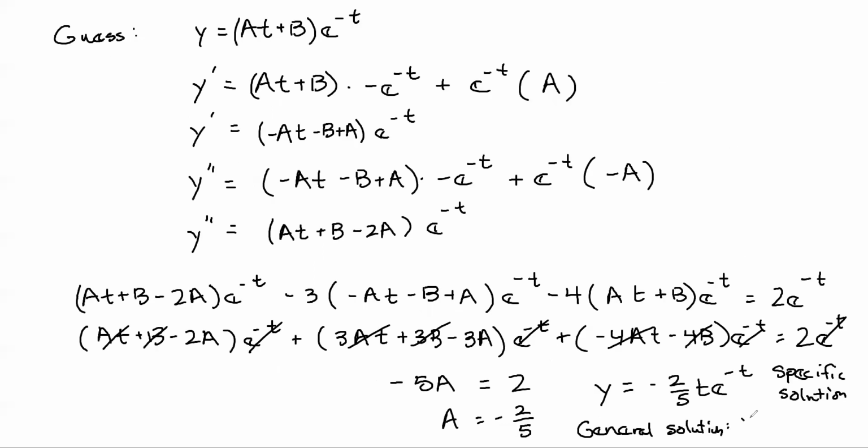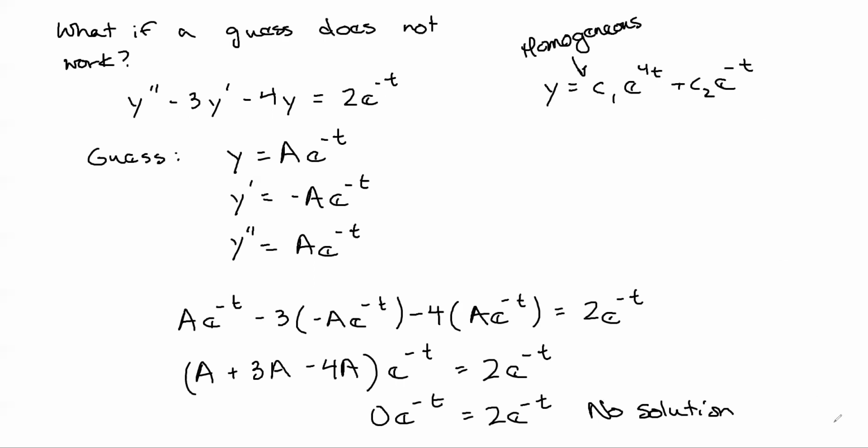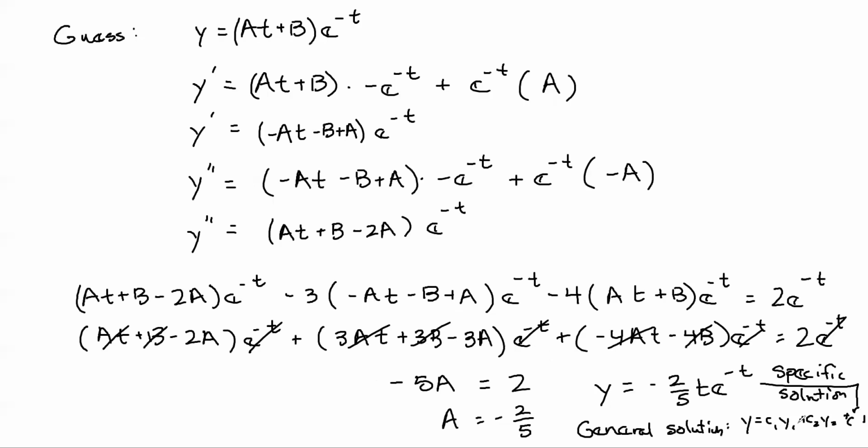So we'd get y equals c1y1 plus c2y2 plus that solution we just found. Just take that and pop it in over here, and that would give you the solution. Well, the y1 and the y2 are supposed to be e to the 4t and e to the negative t. I don't know why I put that instead, but maybe it's space limitations. I didn't have enough room.